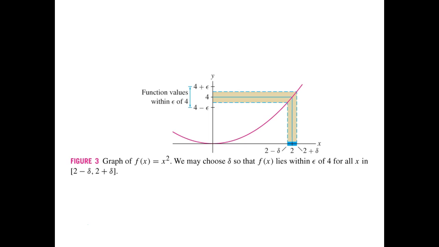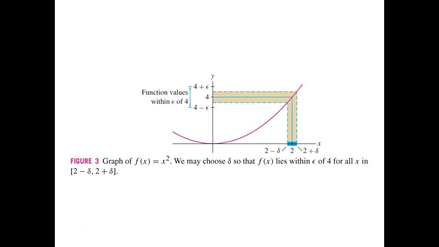It looks like they're just sort of shuffling numbers around. But really, it was a rigorous proof, okay? So here's the graph, f of x equals x squared. You can choose a delta such that f of x lies within an epsilon of 4.